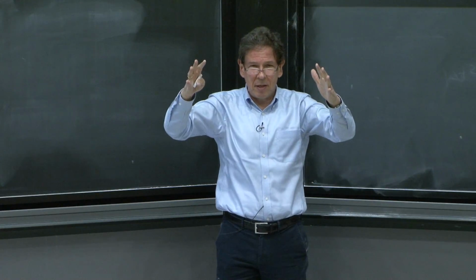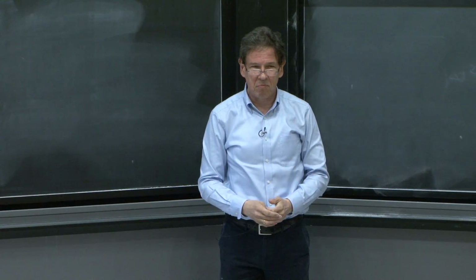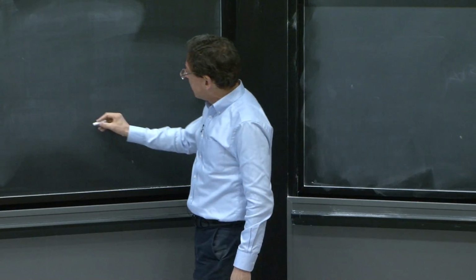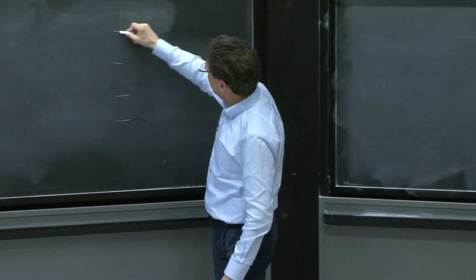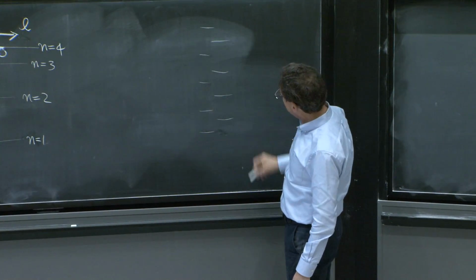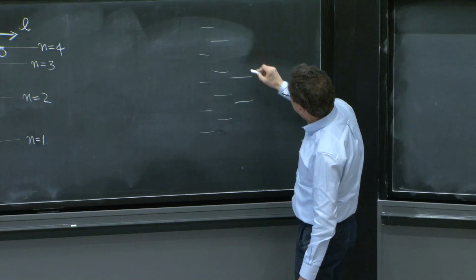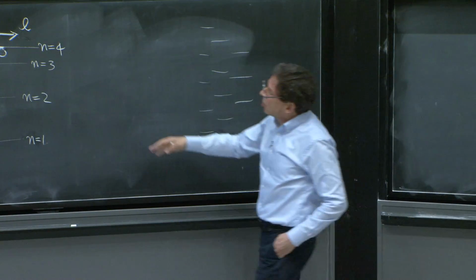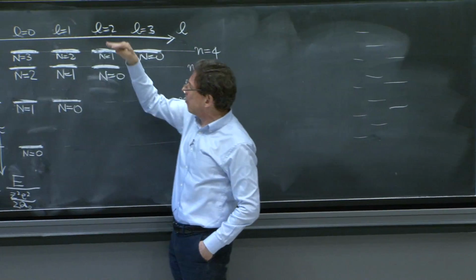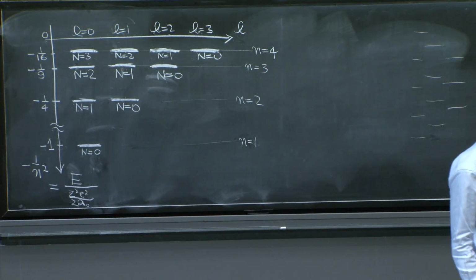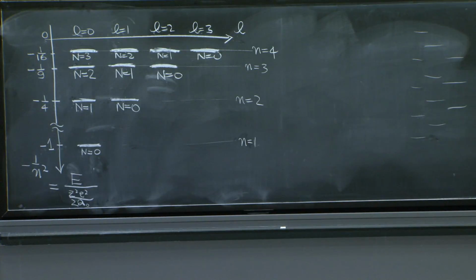Outside the sphere of radius a, the potential is infinite. That potential that looks so symmetric, the L equals 0 states are like this, the L equals 1 states are like that, the L equals 2 states are like that, and there's never any coincidence. So this coincidence between the L equals 0, L equals 1, L equals 2 is very special. It just doesn't happen often.